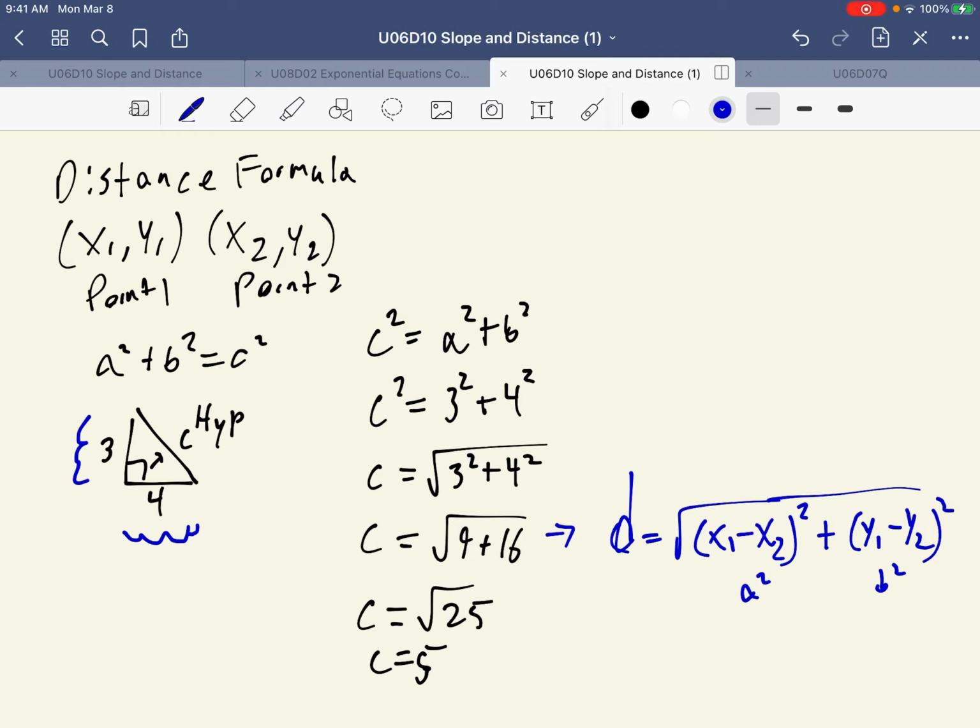So for instance, if we had a point on the coordinate grid, and let's just place it here, the coordinate will be 4, 2, and another point over here at 1, negative 2.